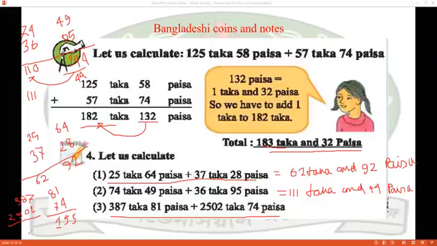And when we add 387 taka with the 2502 taka, we get 2889, but we add here 1 taka, so it will be 2890 taka, and remain 55 paisa.